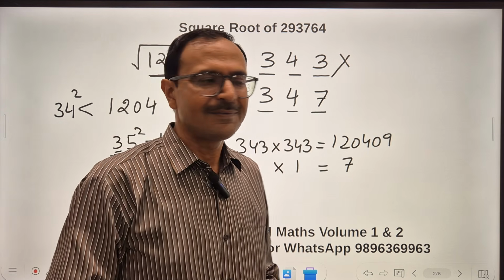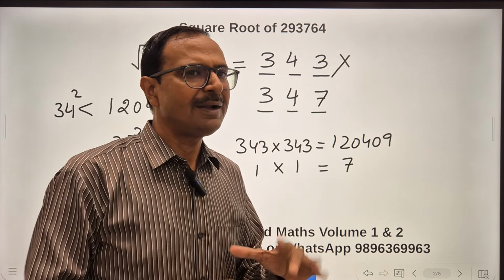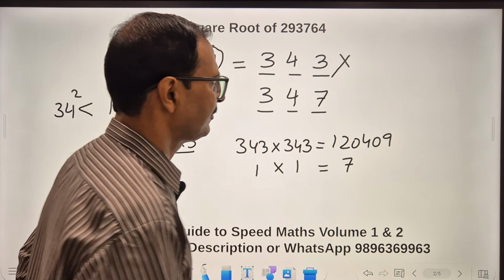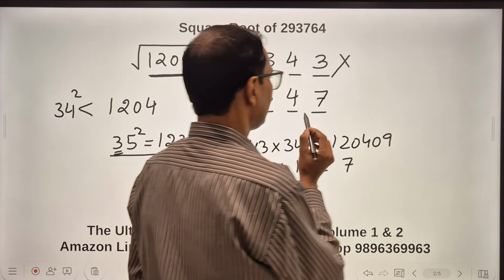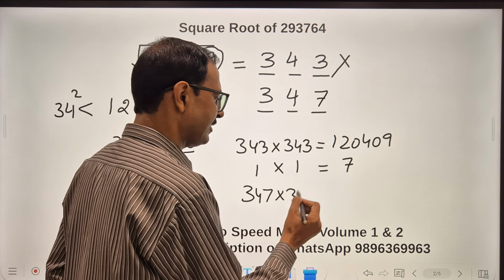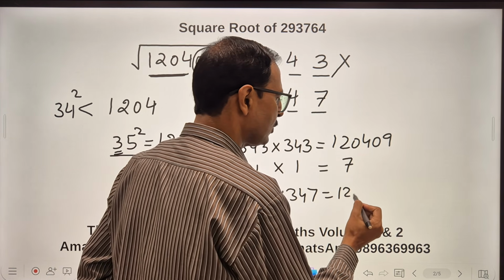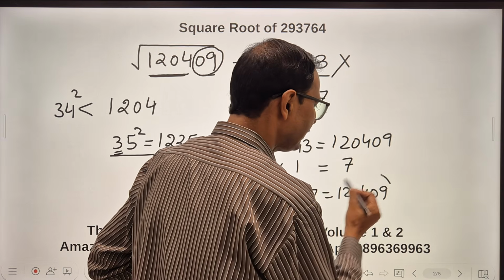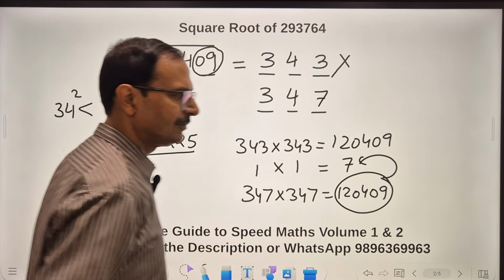So what is the answer? Is it 347? Let's check whether that works or not. So 347, what is the digit sum of 347? If I do 347 times 347, will it give me 120409? This is already 7, right?